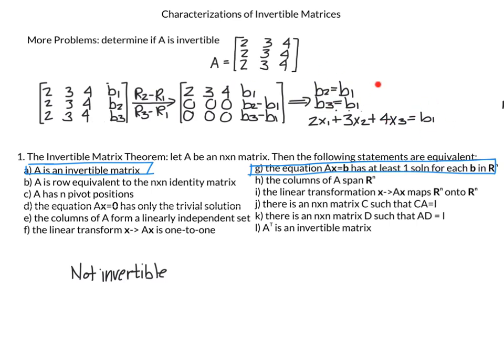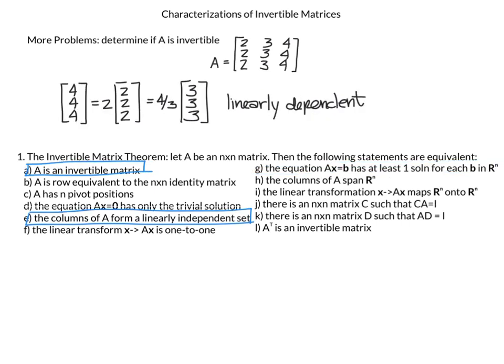But what I see here essentially is that B1 has to equal B2, which has to equal B3. So these conditions tell me that not all B's have a solution, right? If B1 is not equal to B2, then there's no solution. So this is false, which means that A is not an invertible matrix.